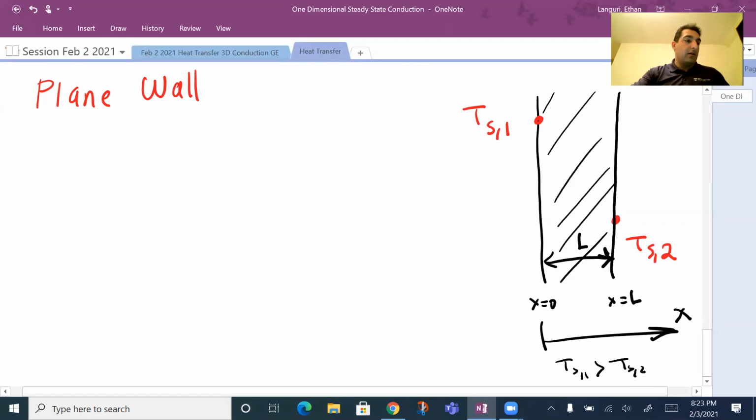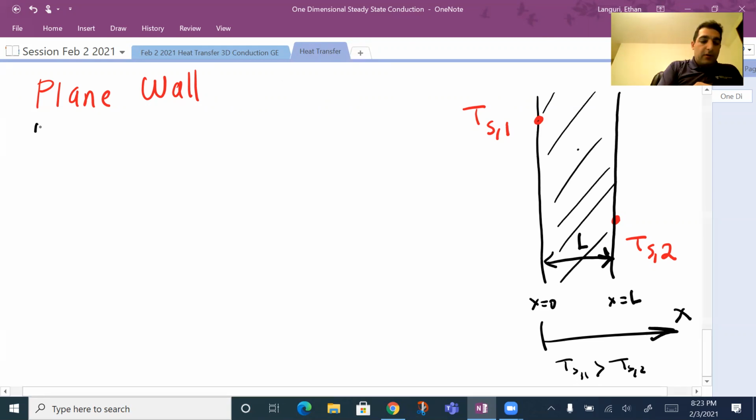Let's go ahead and solve the 1D steady state conduction heat transfer inside the wall, and the ultimate goal is to find the temperature distribution inside the wall. We would like to know the temperature at any x, any location inside you pick.